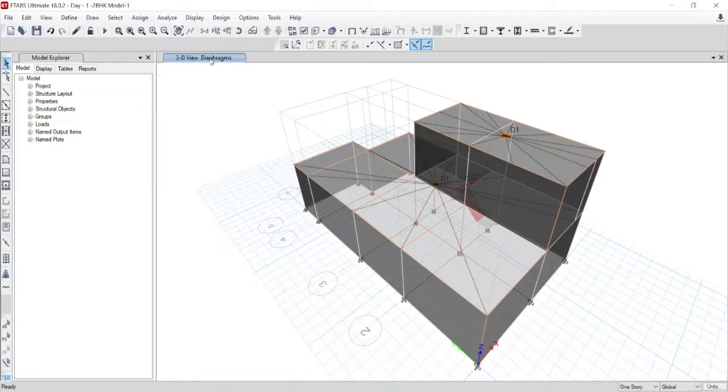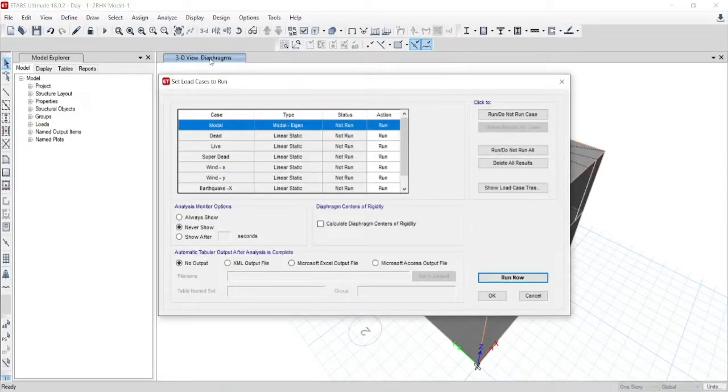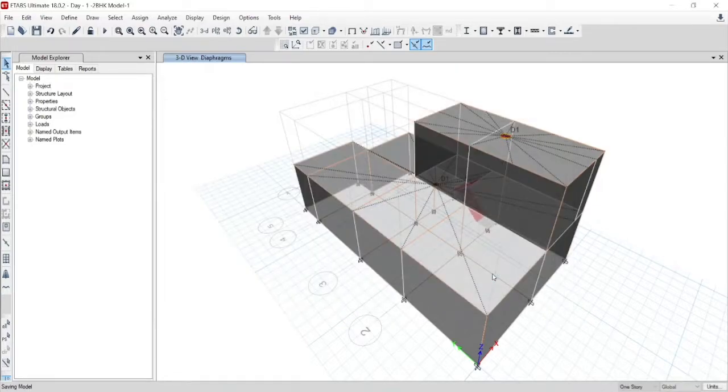Now set load cases to run. The load cases are modal analysis, the modal eigenvalue analysis, and the loads you have given: dead load, live load, super dead load, wind load, and earthquake in x and y direction. All the calculations will be done now. Let us run.